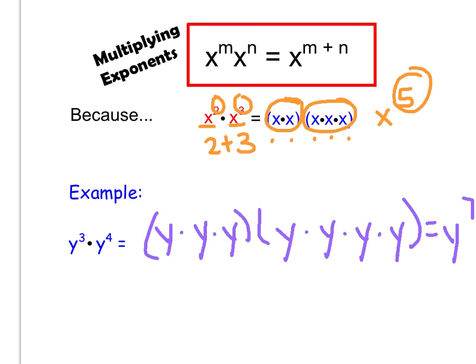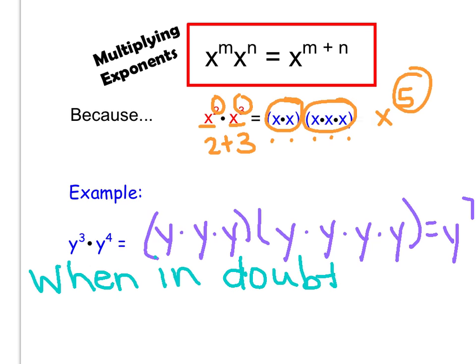So just a word of advice, because I do this sometimes too if I've forgotten what to do, because sometimes you get to a problem and you're like, I don't remember if I need to multiply the exponents, add them, subtract them, divide them. When in doubt, expand it out.